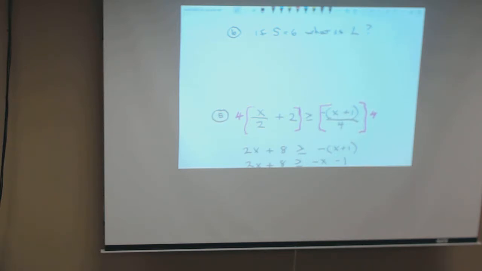Now, when this thing says solve for number 5, see that 2? Change to blue here. See that 2 and that 4. If I just take 4 times both sides, that clears out the whole fraction.